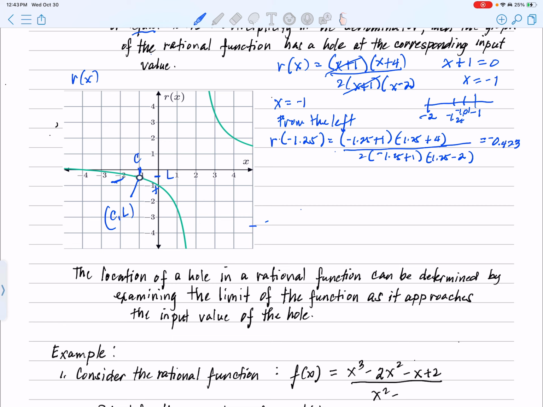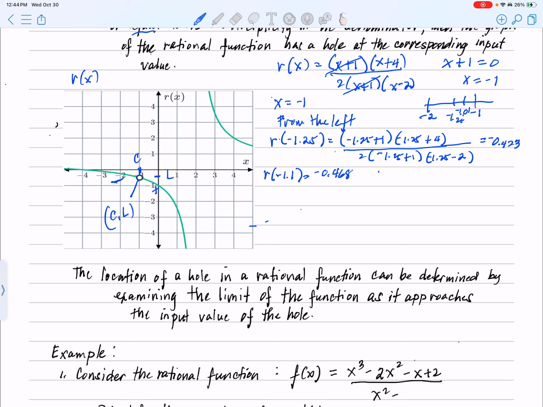Doing the same thing, let's choose numbers very close to negative 1. Let's say negative 1.1. Substituting in the function, we come out with negative 0.468.